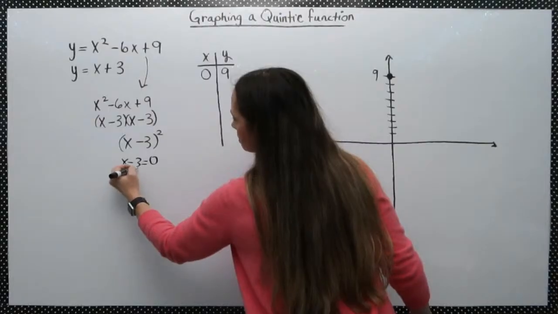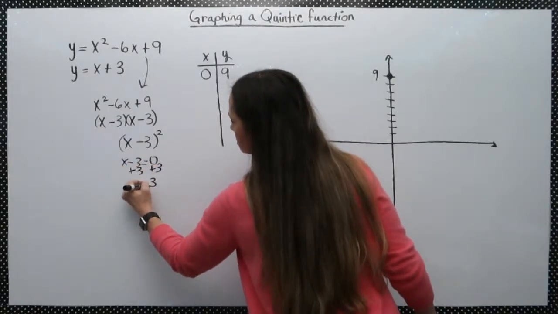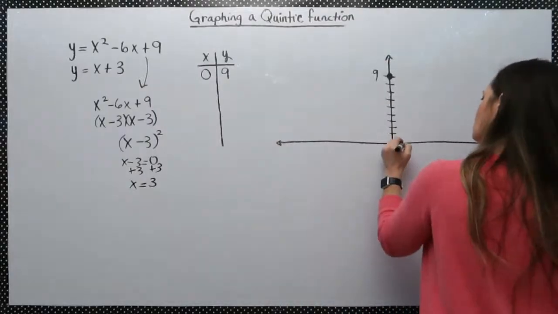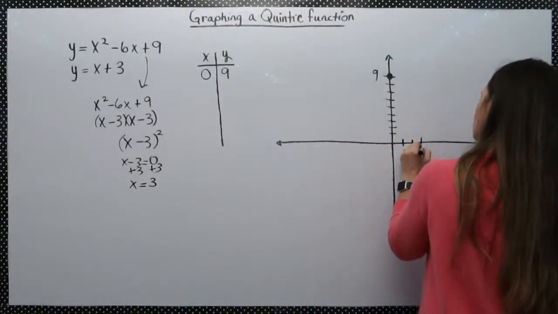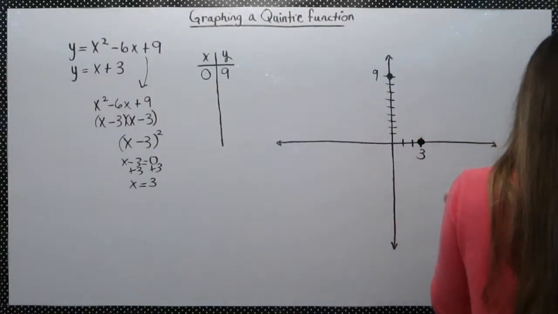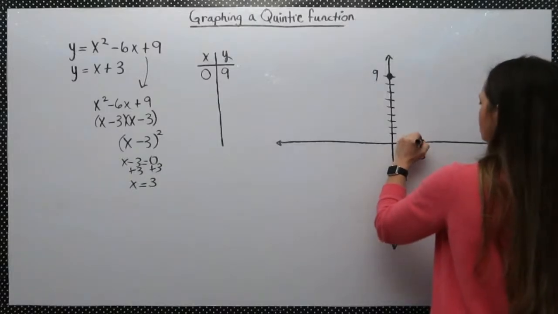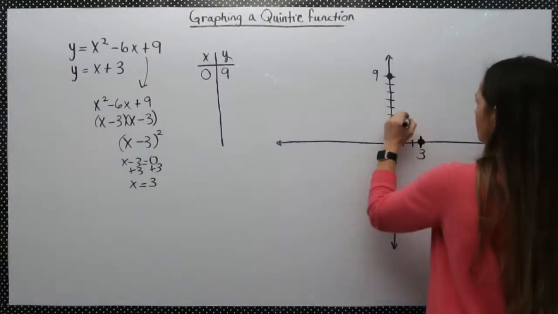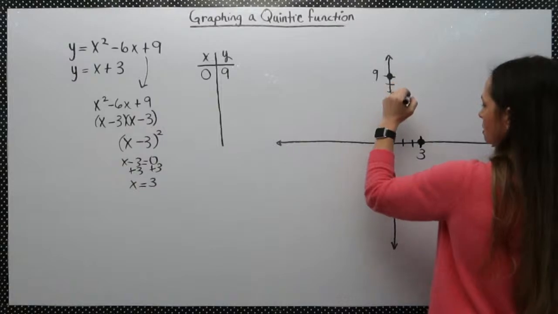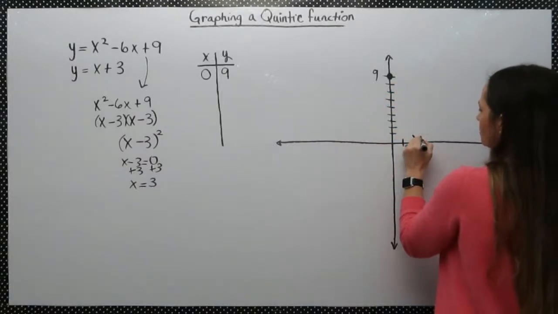So adding 3 to both sides, you're going to get your zero at x equals 3. So we have our parabola sitting on the x-axis here at 3, and then it's going through 9. All right, so we have this kind of thing going on.